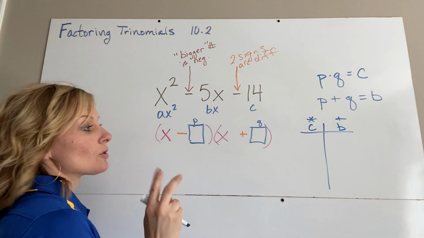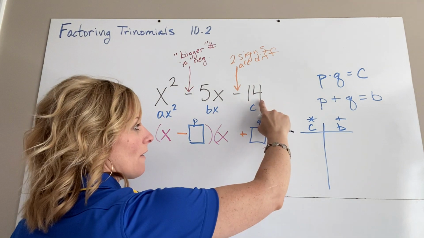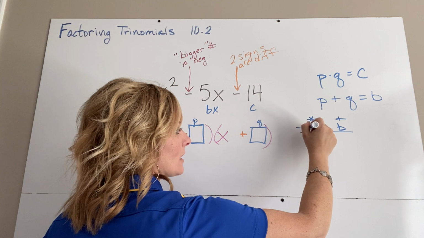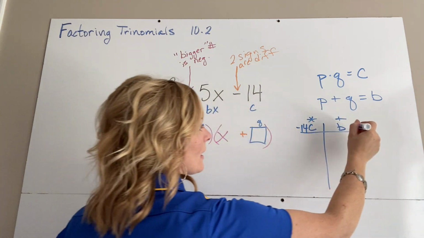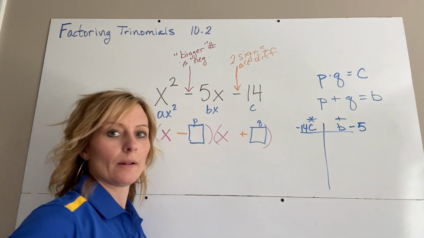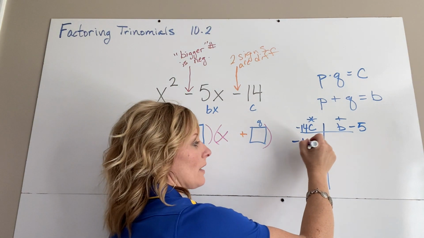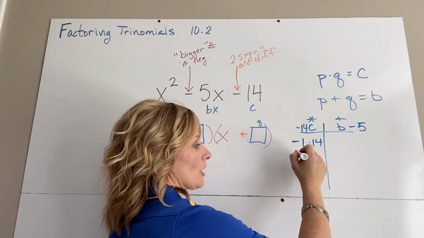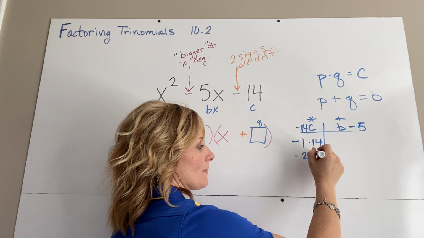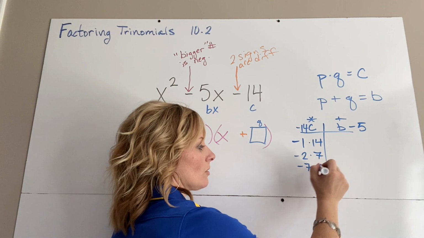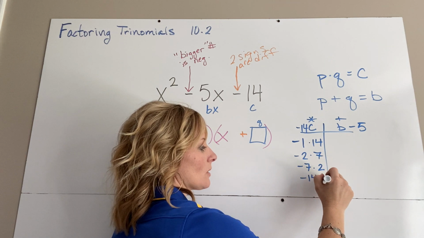All right, well, what 2 things multiply to get us to negative 14? So we want negative 14 and we want negative 5. Well, okay, there has to be one negative. So I could do negative 1 times 14. I could do negative 2 times 7, or I could do negative 7 times 2, or negative 14 times 1.